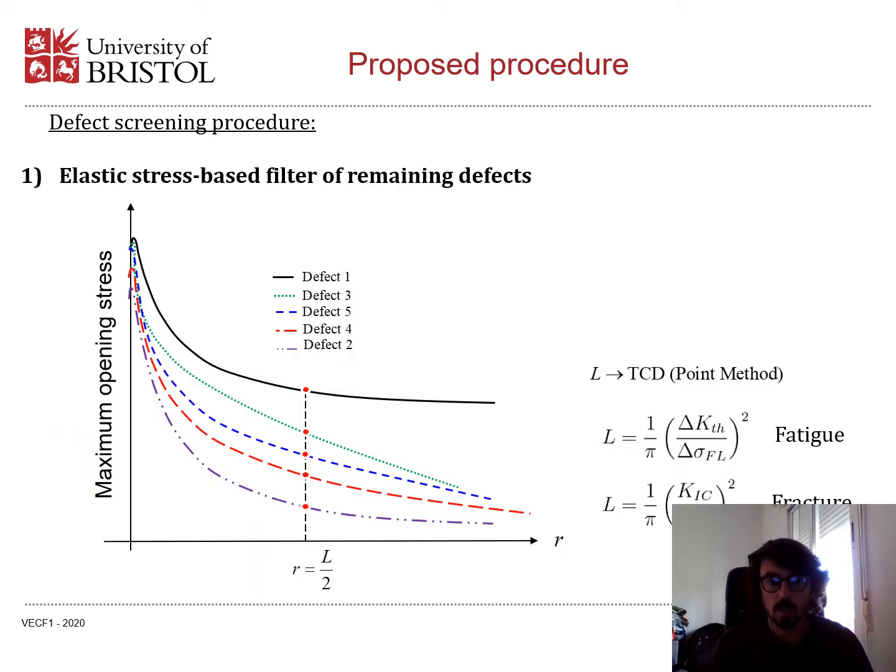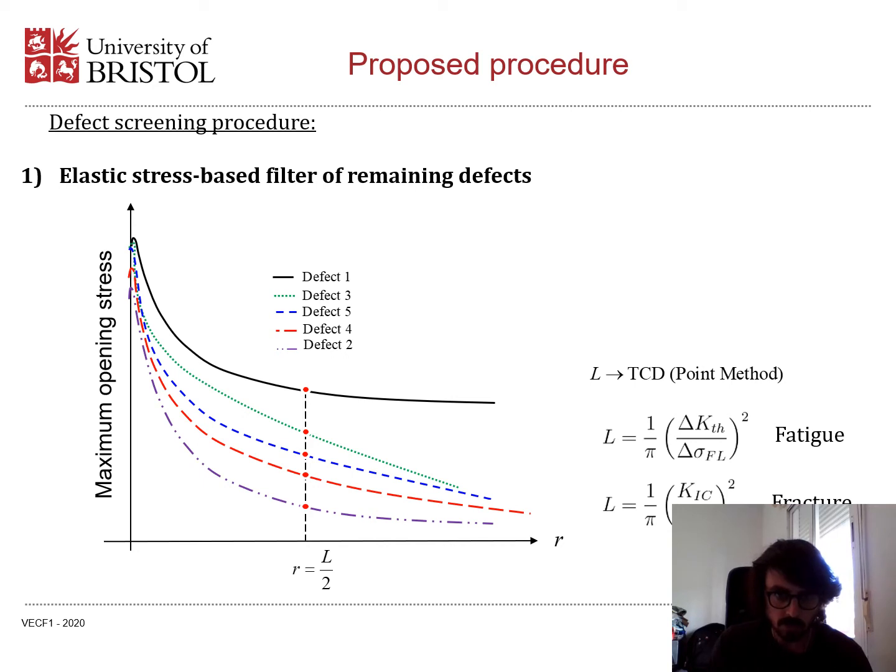Okay. So the next step, once you have a reduced set of defects, is to make a ranking. And we use the theory of critical distances, in particular the point method, to do that. As you know, to perform a TCD analysis, you need this parameter L, which for fatigue and fracture has different expressions, but is still related to the material properties.